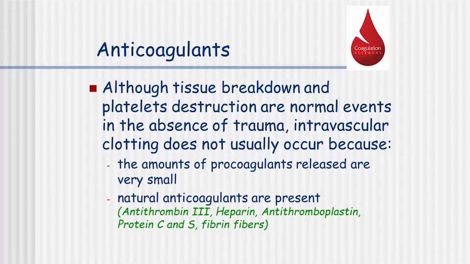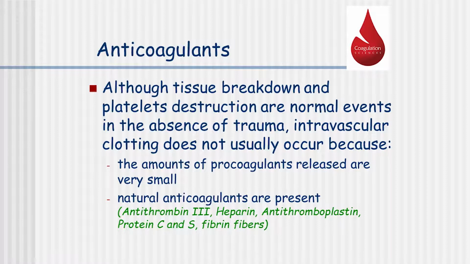One of them is antithrombin 3. Heparin, also in the blood. Antithromboplastin, protein C and S, and fibrin fibers. They all are anticoagulants, the body's own way of dissolving clots, if clots form.